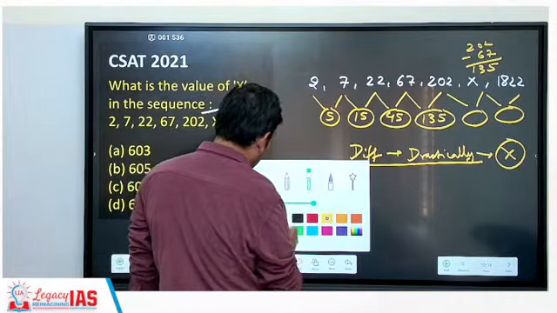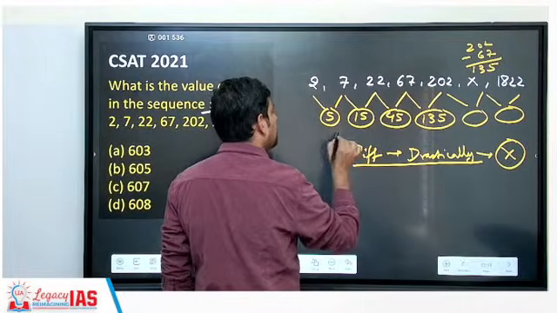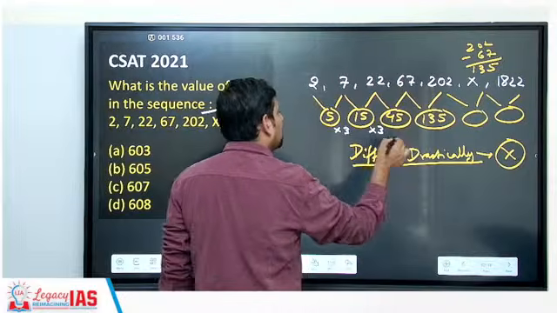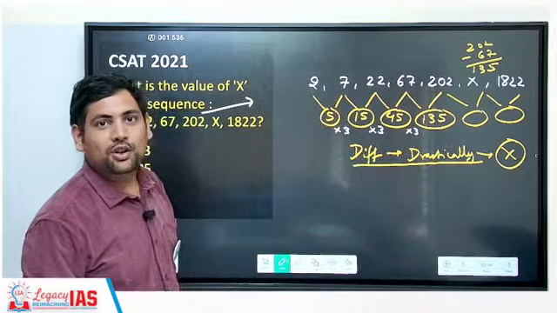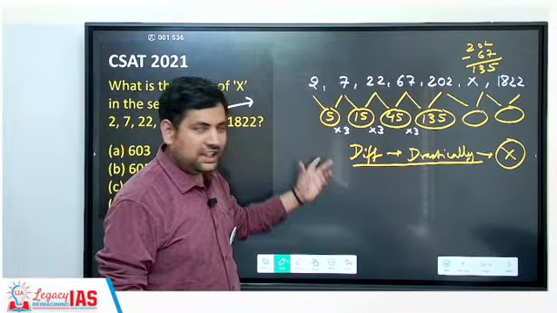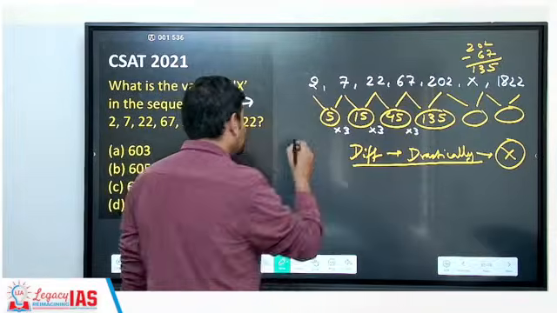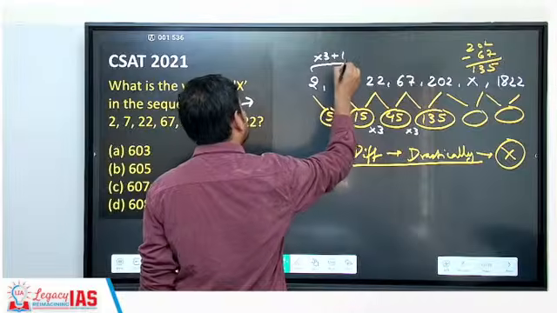If you observe carefully, the pattern is much easier: 5 into 3 is 15, 15 into 3 is 45, 45 into 3 is 135. So in all probability, this is into 3 plus something. Now, this is actually a series of into 3 plus 1.